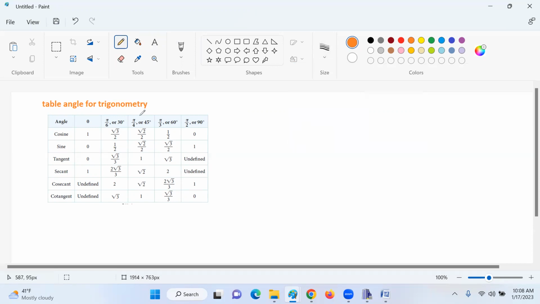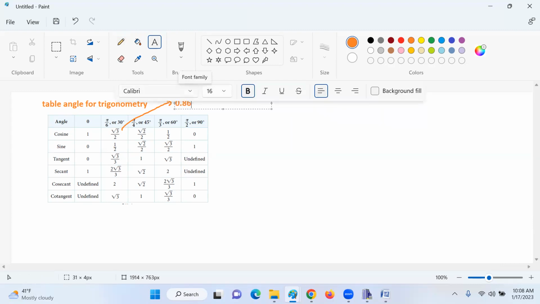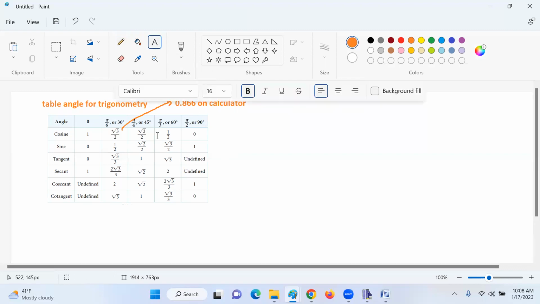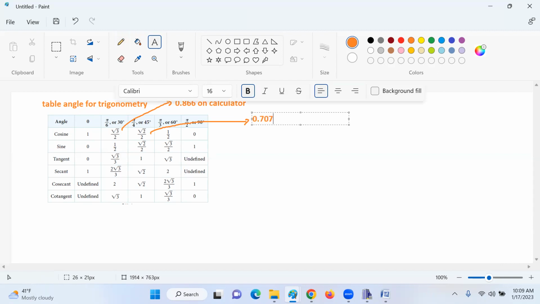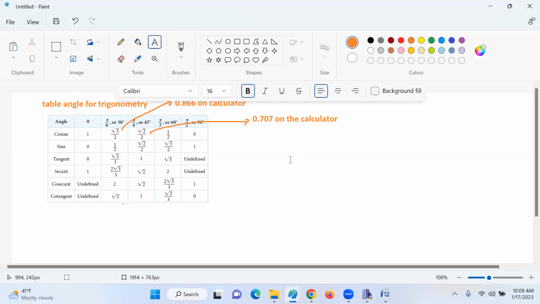So I believe it's important to know that this is 0.866 in the calculator. And this one is 0.707 on the calculator.